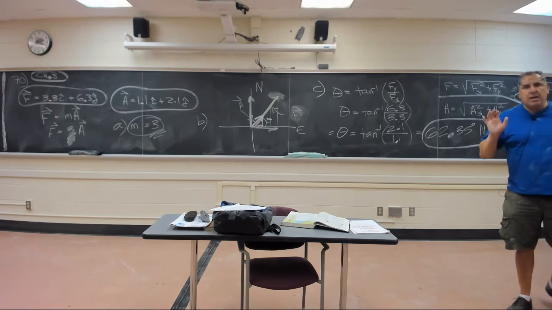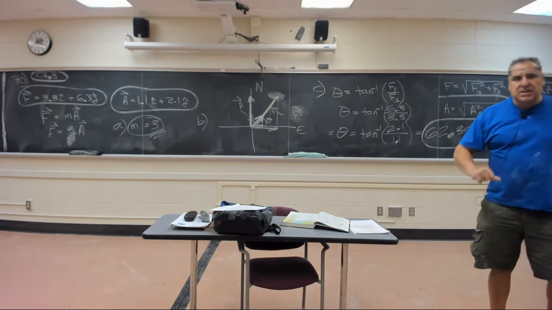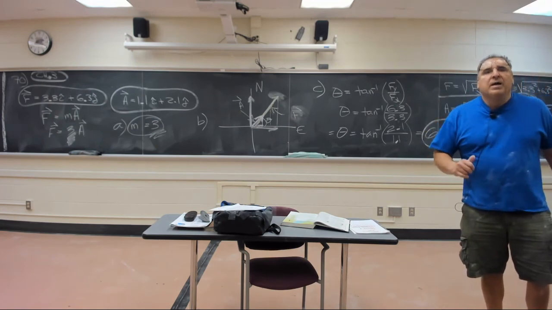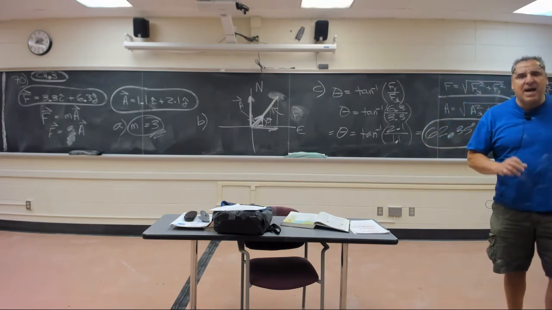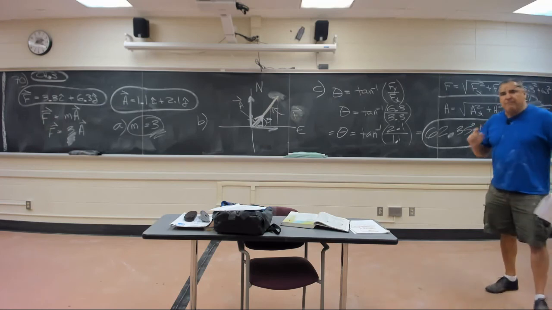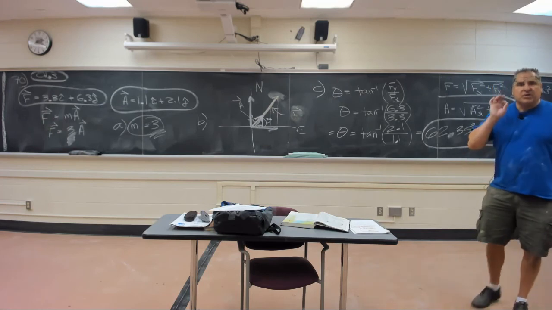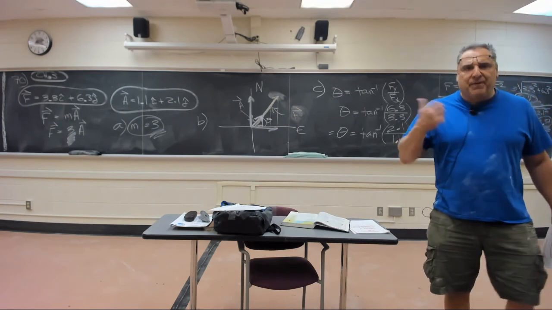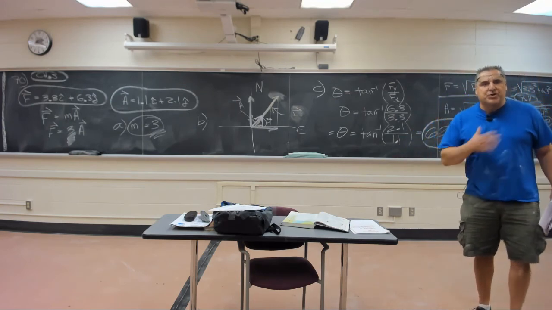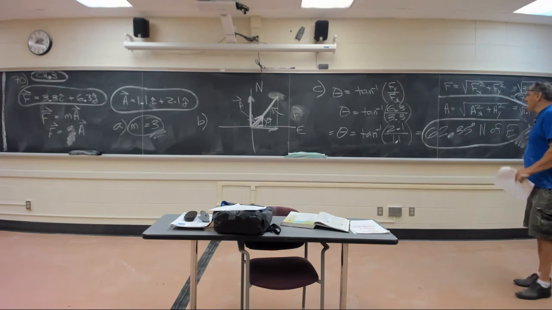Every single component. Fx divided by Ax is a ratio of 3 to 1. Fy divided by Ay is a ratio of 3 to 1. Not surprisingly, the magnitude of F compared to the magnitude of A is a ratio of 3 to 1. And it works out perfectly.